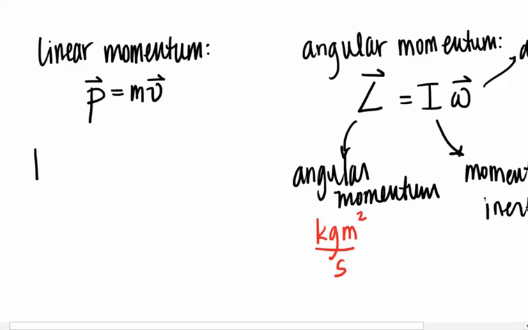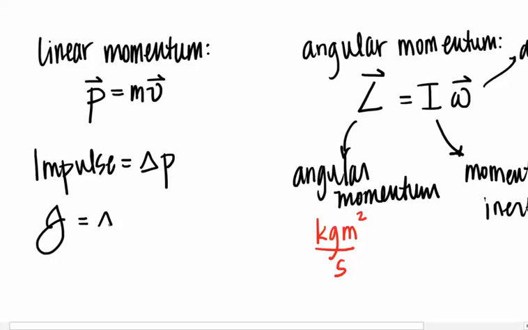So impulse is the change in momentum. And if you remember impulse, wasn't it that fancy J looking thing? Impulse was delta P, and it was force times delta t, or the integral of F dt.